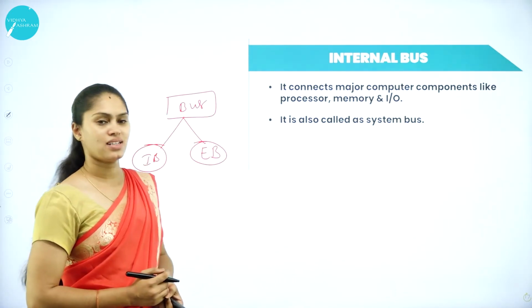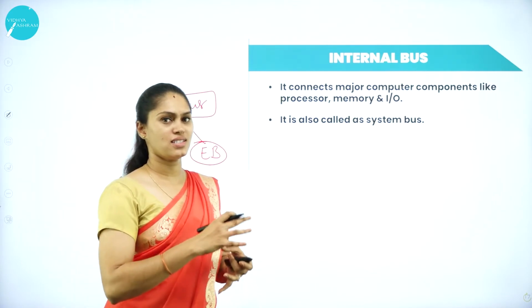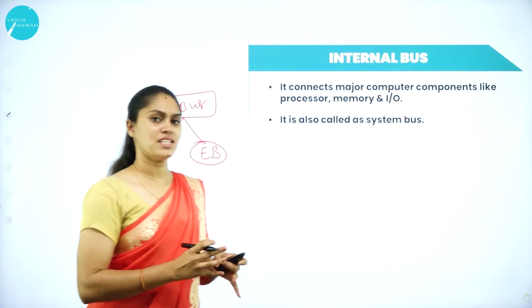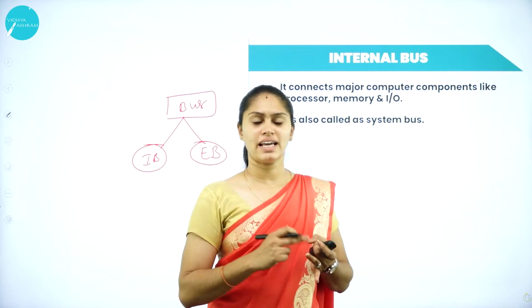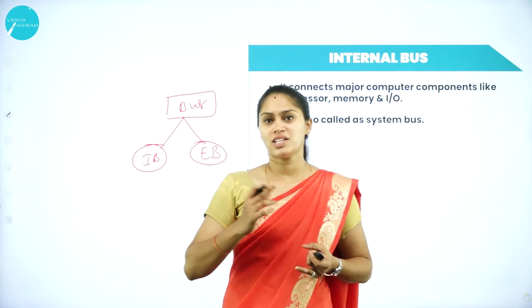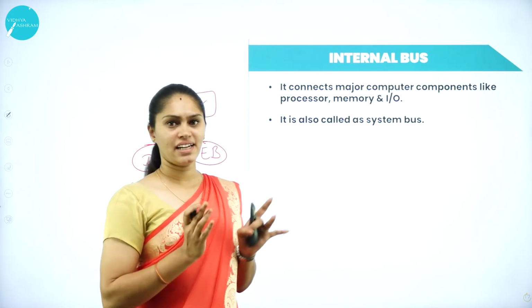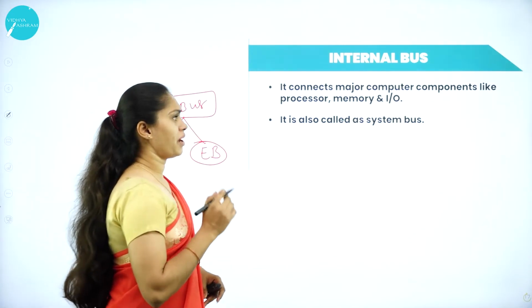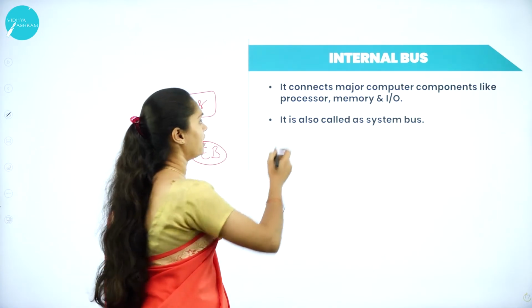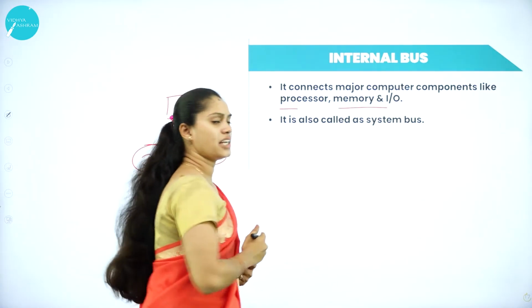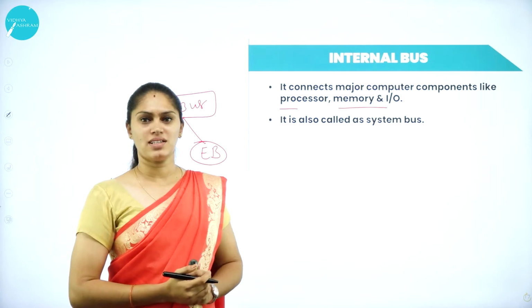So internal bus, as the name indicates, what is this internal bus? Mainly a bus is used to transfer data, instructions, and the address along with the control signal. If it is an internal bus, it is mainly used to connect components like the processor, memory and input-output unit to the computer system.